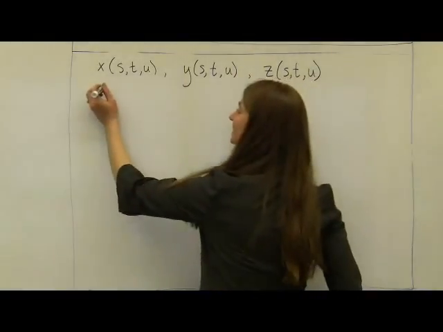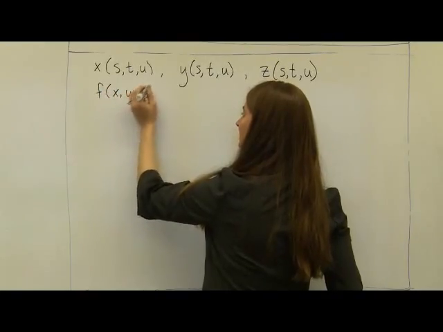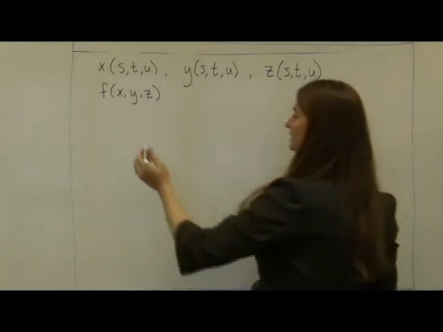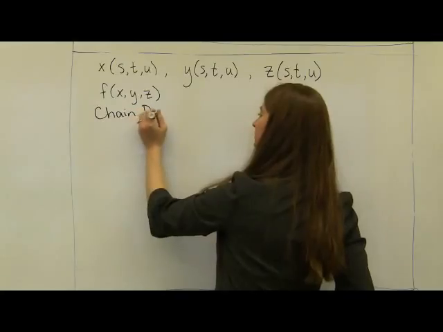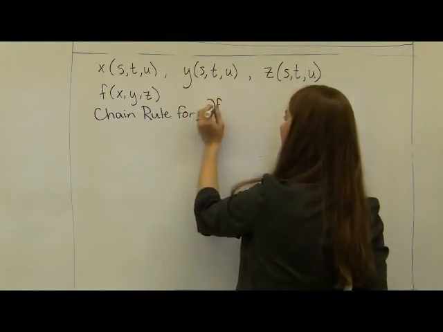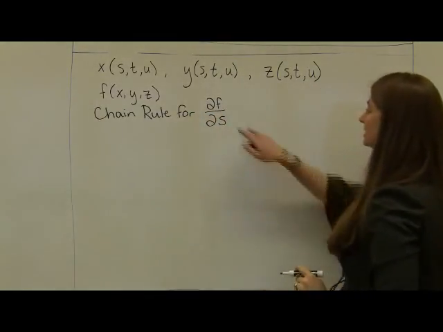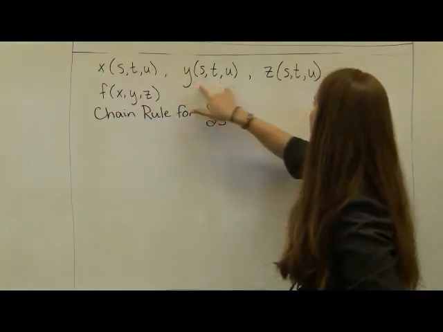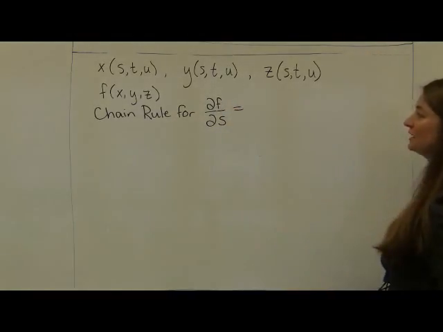And then let's say that f is our function of x, y, and z. And I want to know, what is chain rule for df ds? So this is the composition of my function f in terms of all of my x, y, and z terms. And it is, hopefully, exactly what you think it might be.